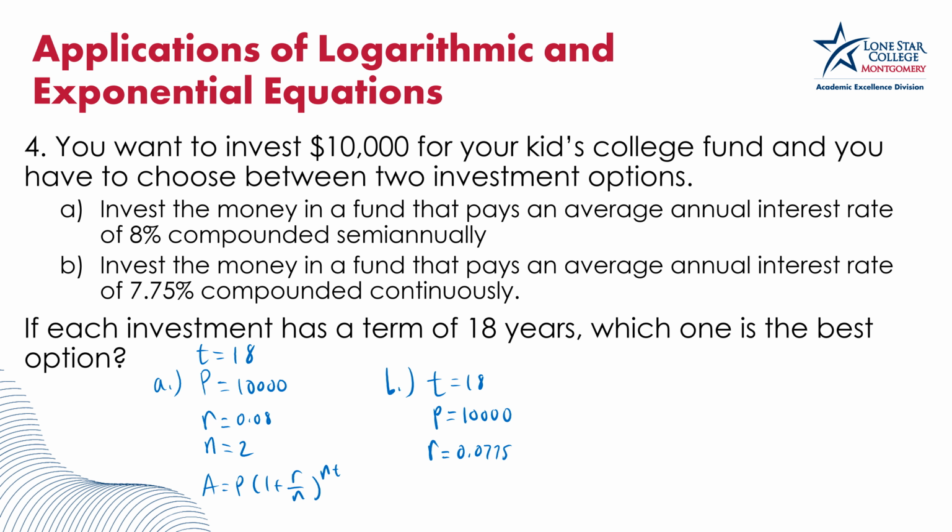But this time it's compounded continuously, which is actually a separate formula. For future value, that would be A equals P e to the rt. So this time we only need the principal, the rate, and the time. We don't need n, because we're compounding continuously. So this is compounded periodically, and this is compounded continuously.